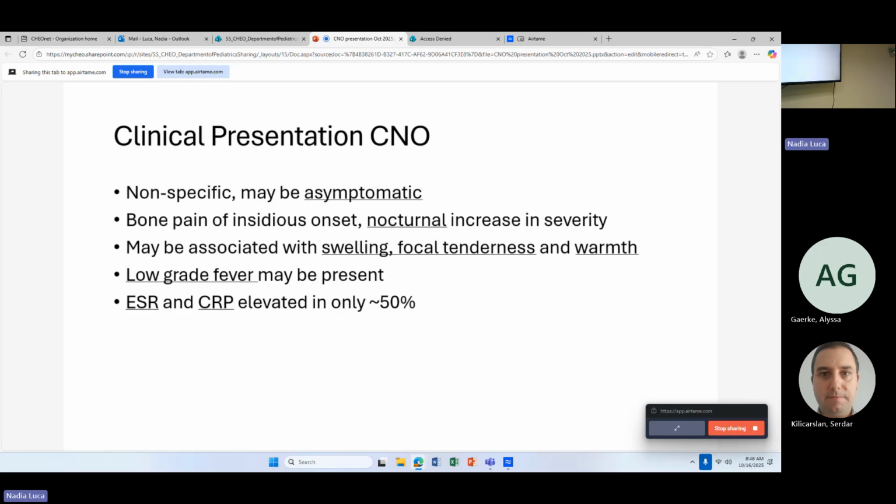So we're going to come a little bit to that, because there's the bone marrow aspirate versus bone biopsy. The bone marrow aspirate in CRMO or CNO patients is likely to be completely normal, as opposed to leukemia patients. But the bone biopsy is also helpful.